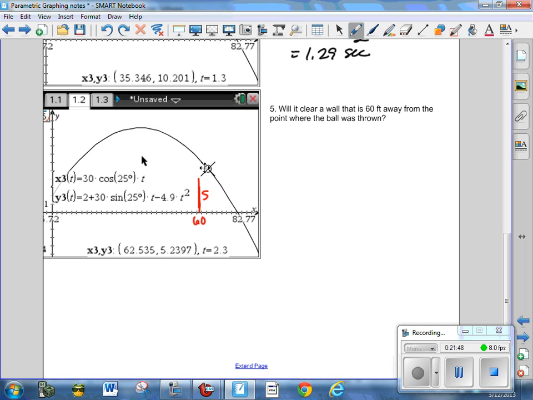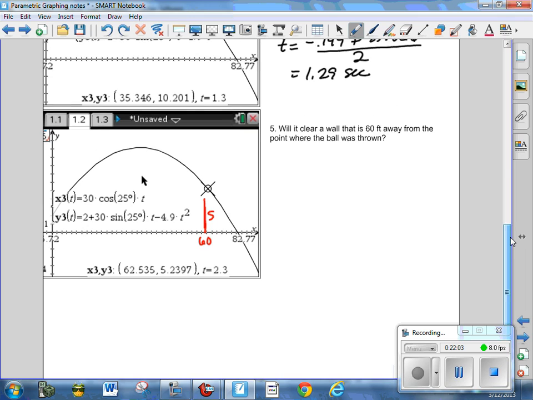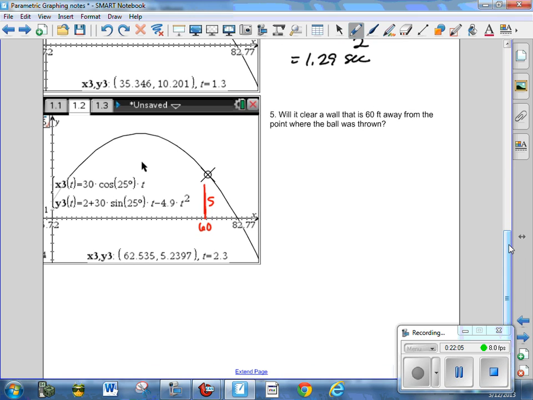So it does obviously clear the wall. I'm not exactly sure where the fence is. Maybe the fence is more like here. Not exactly sure, but I have cleared the wall. So obviously the answer is yes, but how could we figure that out for sure? We're using the equations. Well, I know that when x is 60, I want to know if y is bigger or smaller than 5.